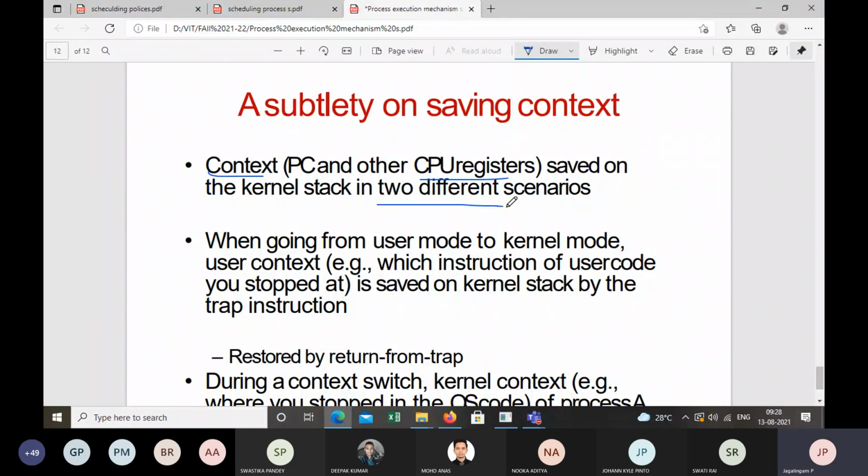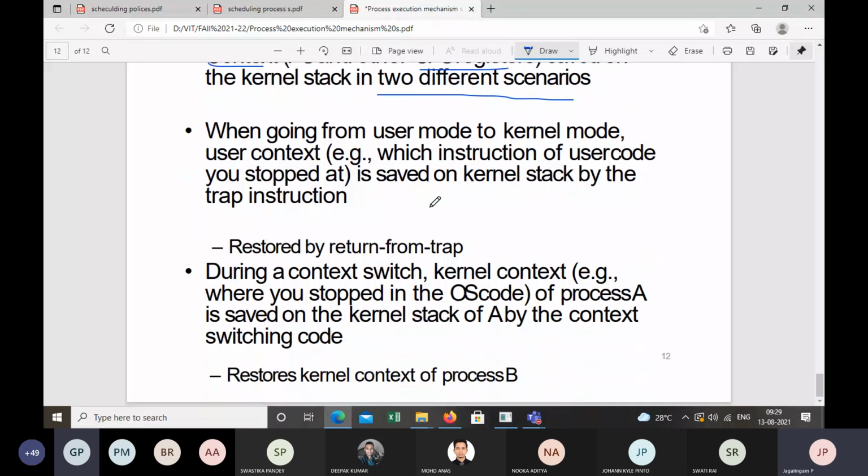What are the two different scenarios in which the context of your process is saved? Can you recall? When going from user mode to kernel mode. And the stack saves the old PC values. Fine.